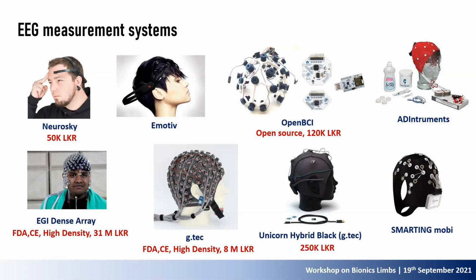But one of the most difficult parts of these high density EEG systems is the cost, because they are pretty expensive. For example, the EGI density system that we used in Japan would cost, I think, around 31 million rupees, about 6 years ago. And the g.tec system that we have in our Bionics Lab cost around 8 million rupees when we purchased it.